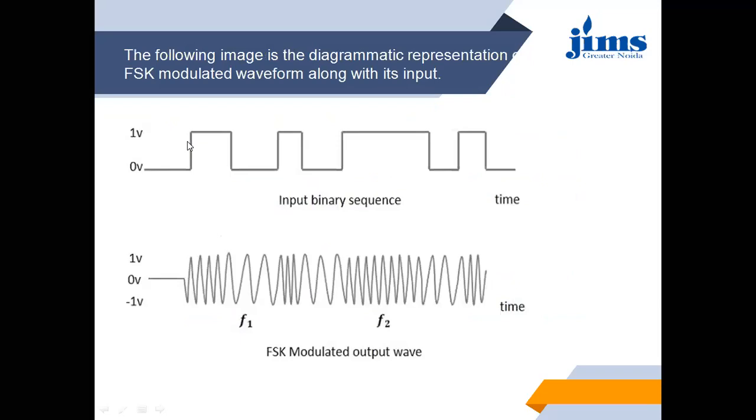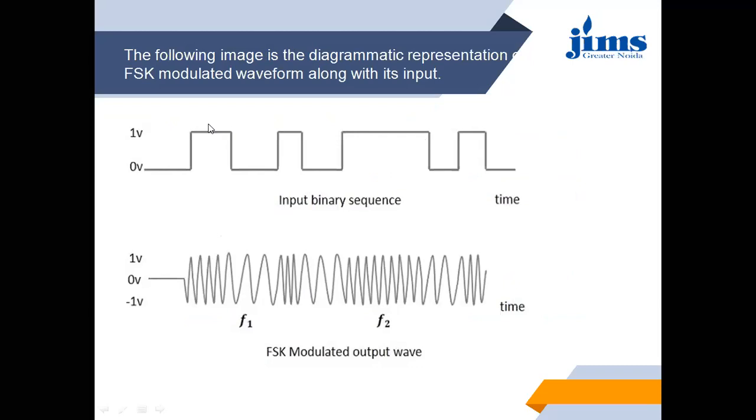Okay, so the upper waveform is your input binary sequence or digital data which you have to transmit through the conventional analog channel. And we have a carrier signal which is a high frequency sinusoidal or cosine wave. You can take any of these signals.